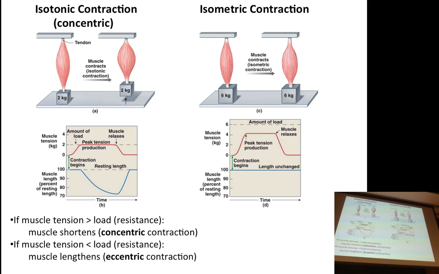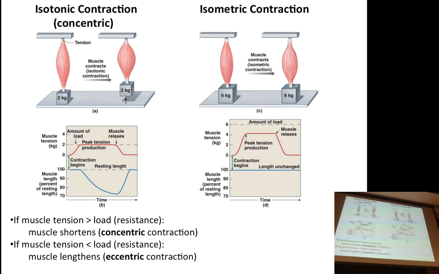So my bag is not changing in weight, and I'm going to lift it up just like this. Okay? So this is isotonic. The length of the muscle is changing here, but the tension is not. The tension is always the same in that muscle.